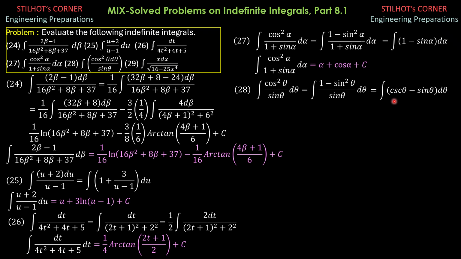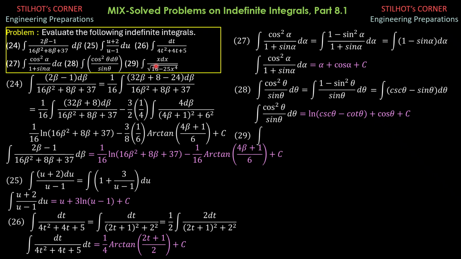For the integral of cosecant theta d theta, we have an available formula, and that is ln of the absolute value of cosecant theta minus cotangent theta. Then, of course, the integral of negative sine theta d theta is cosine of theta. So the final answer is ln of (cosecant theta minus cotangent theta) plus cosine theta plus c. So that's the integral.